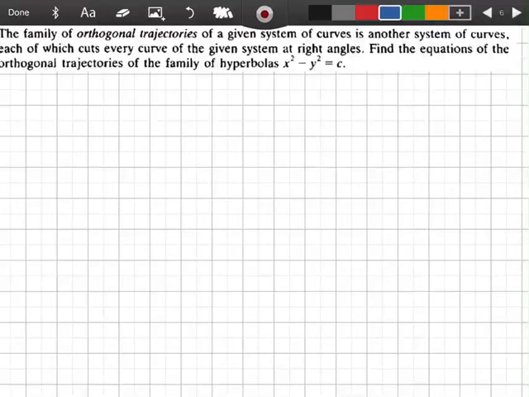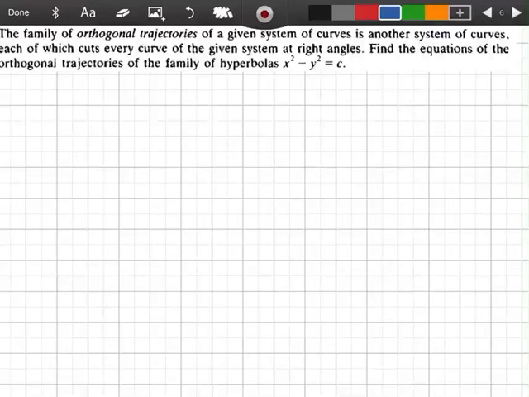So, anong mahanap natin dito, class? So, sabi niya, the family of the curve that is the hyperbola is x squared minus y squared equals c. So, kukunin daw natin yung system of curve that will cut this hyperbola into right angles.